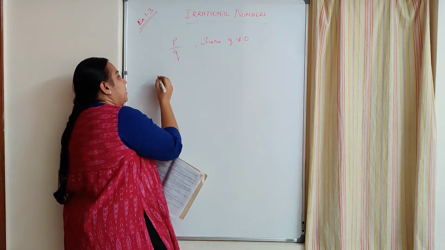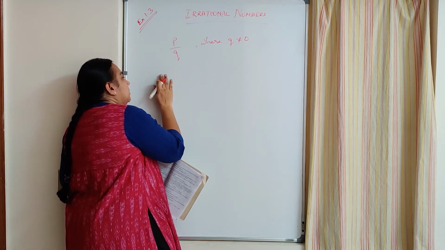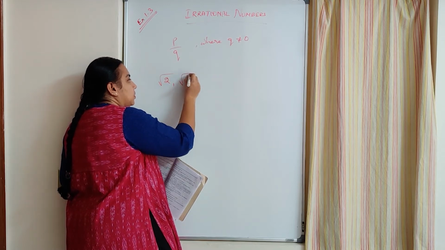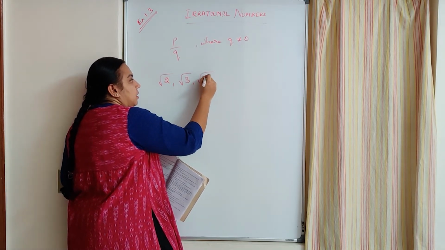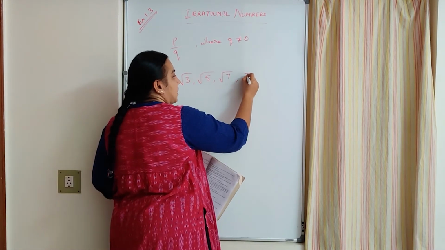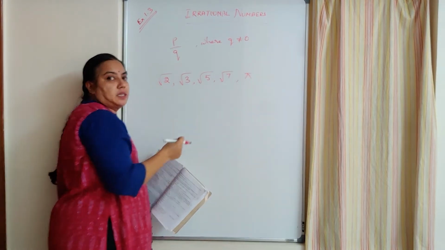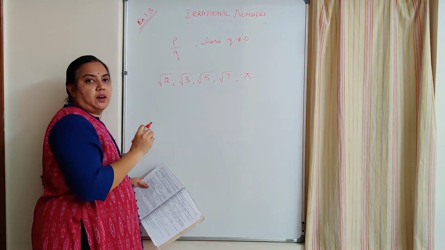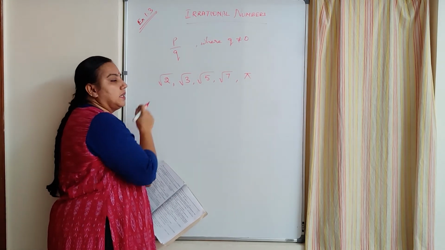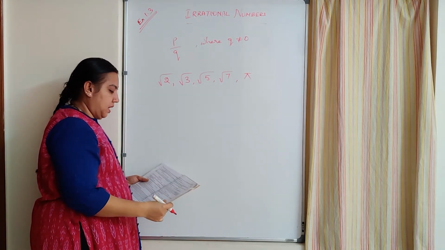Suppose consider some prime number, square root of 2, square root of 3, square root of 5, square root of 7 and also our famous number pi. All these numbers keep on going, they are not ending numbers. Such numbers are called irrational numbers.